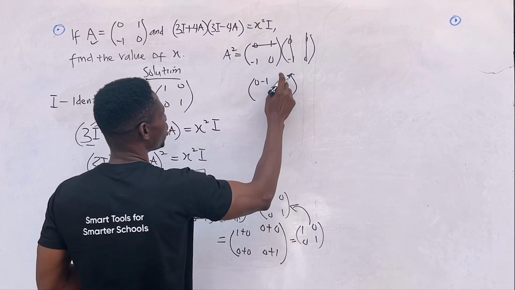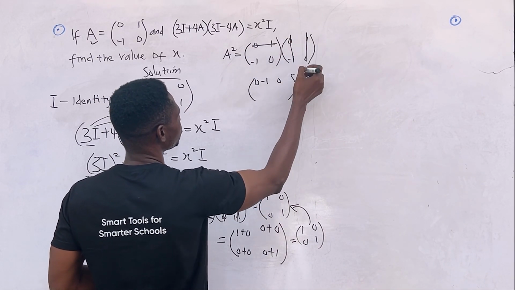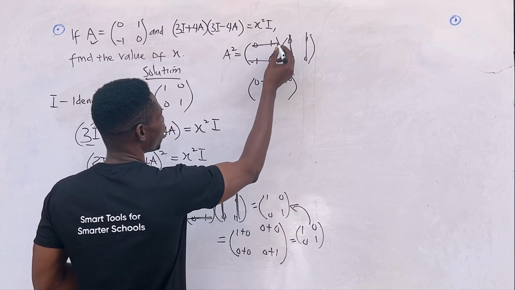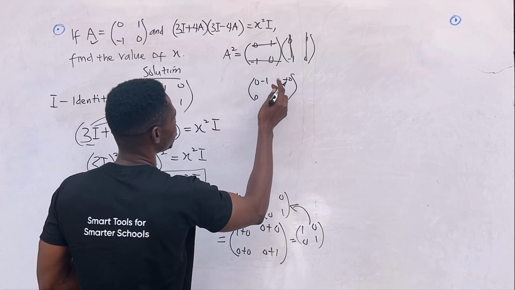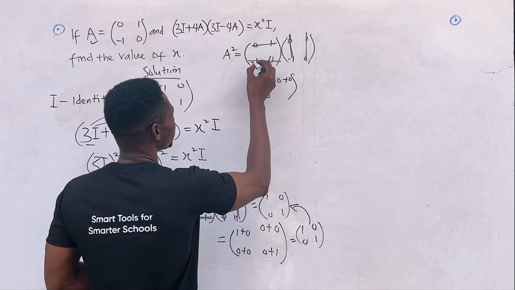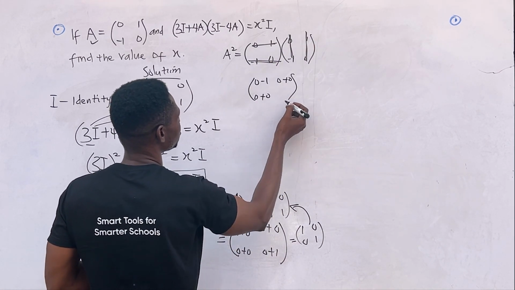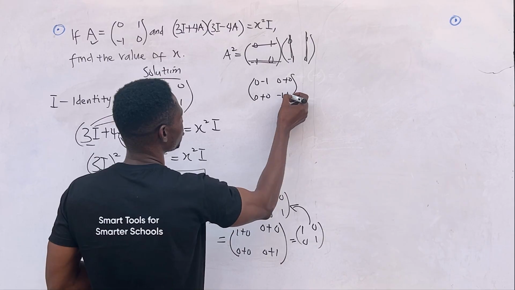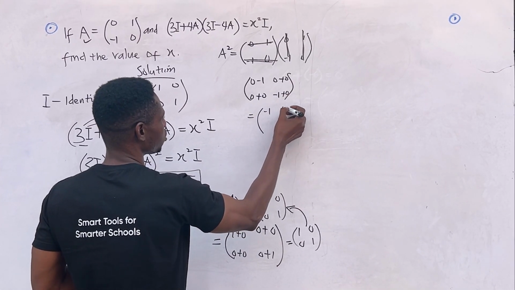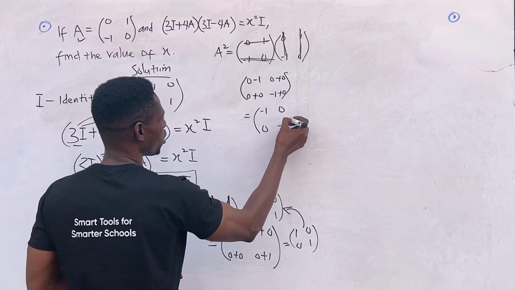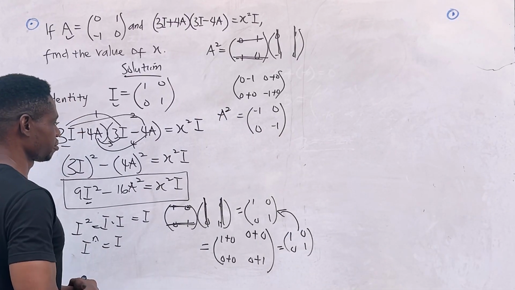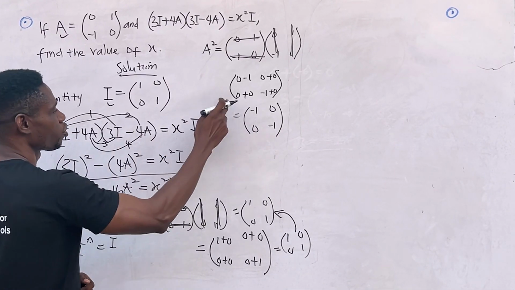First and last to give us this value, so we'll have 0 plus 0. Now this and this to give us this, so we'll have 0 plus 0. Now this and this, we'll have minus 1 plus 0. And that gives us minus 1, 0, 0, minus 1. Okay, so this is our A squared.